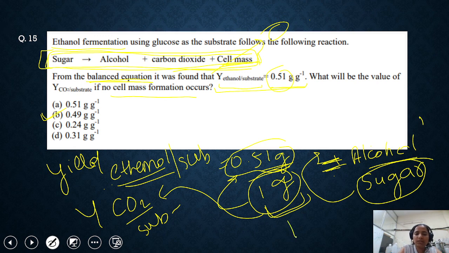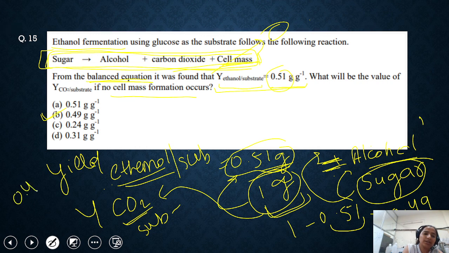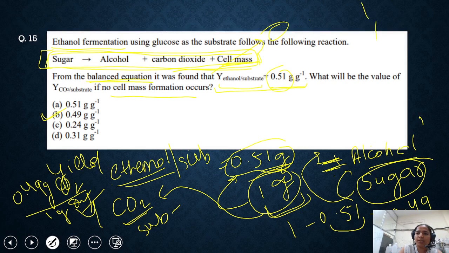From 1 gram, how much is remaining for CO2 production? 1 minus 0.51, because this is already used for alcohol formation. So it will come around 0.49. It means 0.49 gram of CO2 is forming from 1 gram of sugar. Of 1 gram sugar, 0.51 goes for alcohol formation and 0.49 goes for CO2 formation, and only these two products are forming.